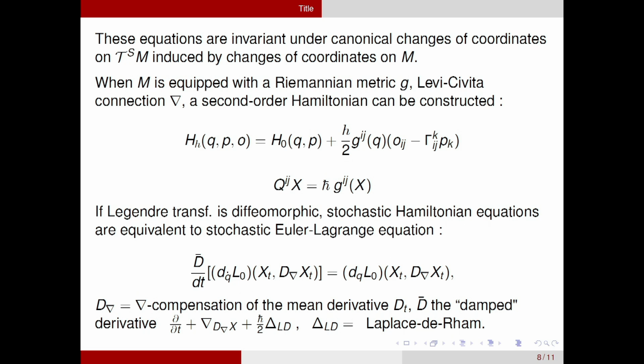Those equations are invariant under canonical change of variable, not any change of variable, a large class, and change of variable induced by the one on the M space, the base space of the Riemannian manifold. And here is the good point about the idea of Schwarz. You remember the notation.